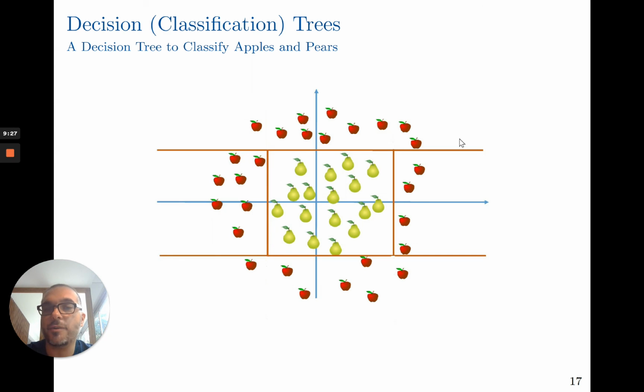Of course, real life is not that simple, it's much more complicated. But that's an example of how these models can be very useful. On Friday, we are going to discuss much more about that.